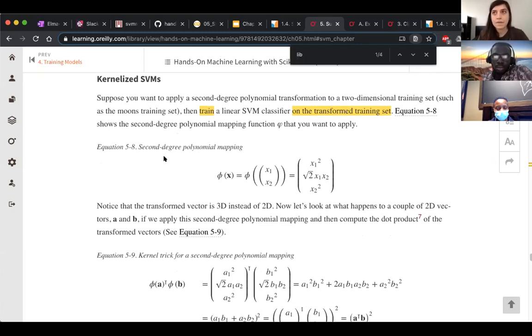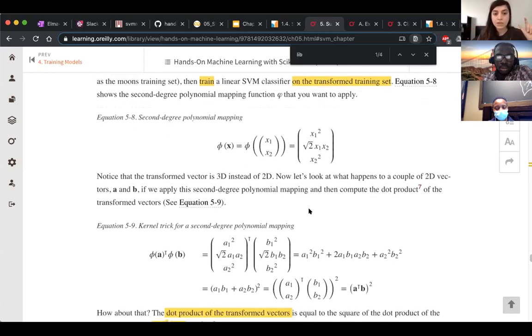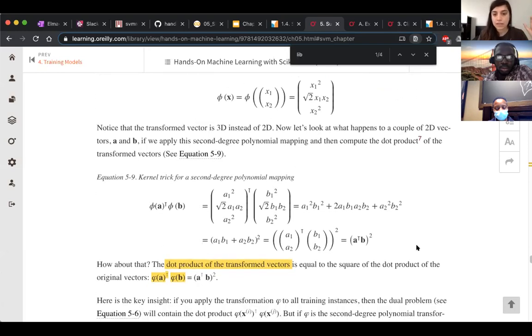Remember, we wanted to transform our data, like we introduced solving the nonlinearity problem by mapping our data to transformed dimensions and then dealing with them in those dimensions. But apparently, you don't have to actually do the math and the transformation. Instead, you can do a trick, and he's solving that trick over here.